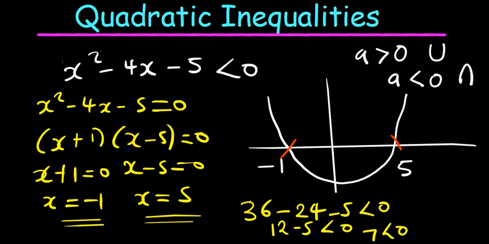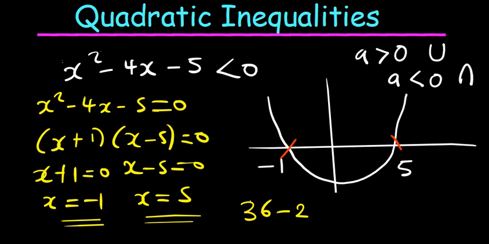A 7 can't be less than 0. So even this side is giving us wrong answers. So basically the region that you want is the one in the middle.